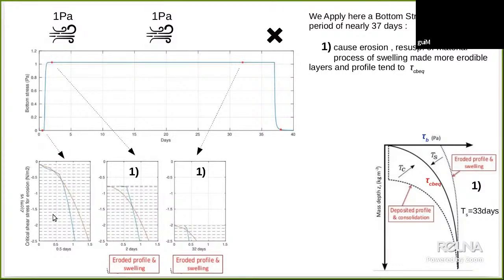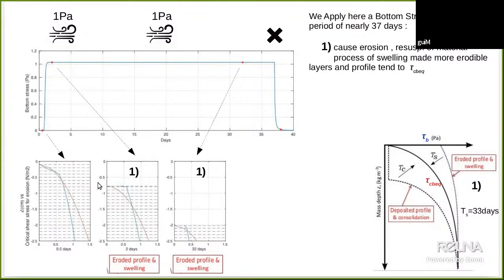So below you have the red points here: half day, 2 days, and 32 days. We have the representation of the structure of the layers in the bed. As the equilibrium profile is updated at each time step, we have different equilibrium profiles, and we can compare with the solution of the bed cohesive module.